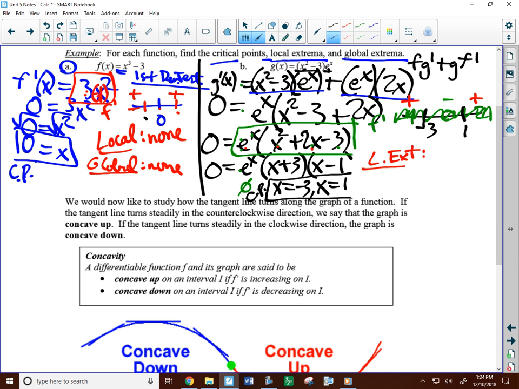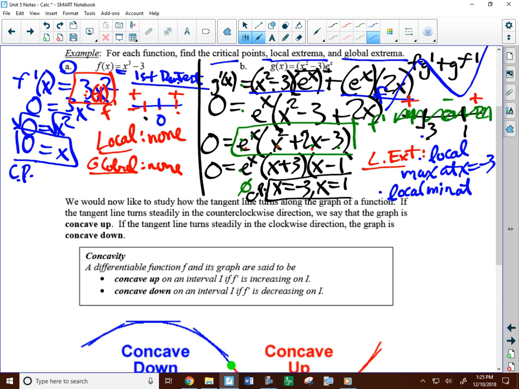So the local extrema occur at -3 and 1. The original function was increasing up to -3, then decreasing, then increasing. So at -3, there's a local max, and then there's a local min at x equals 1 because it changed from negative to positive.